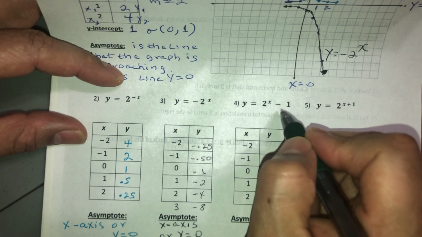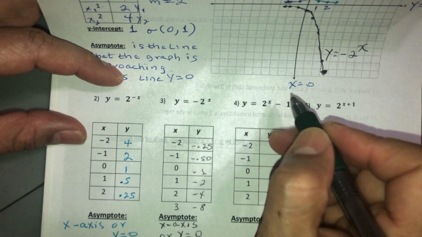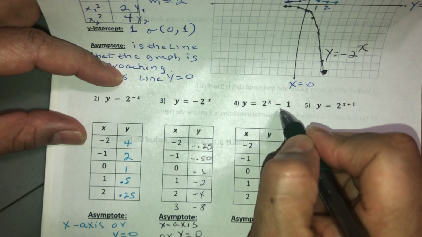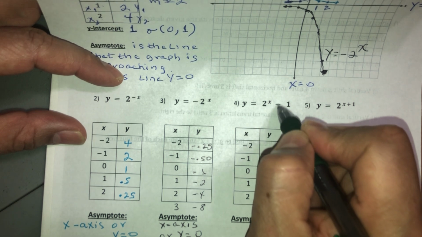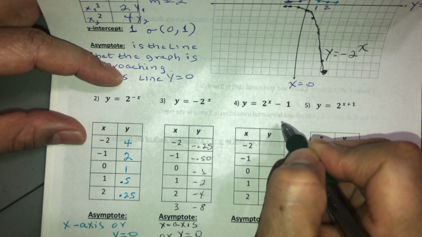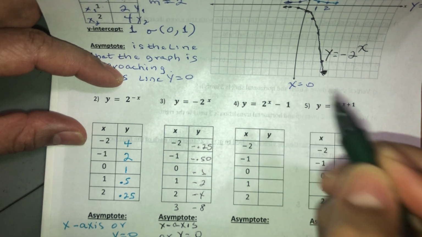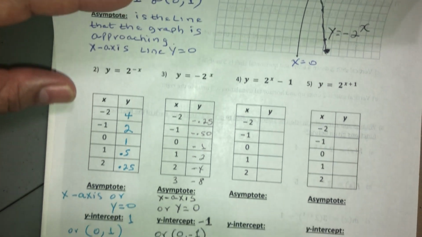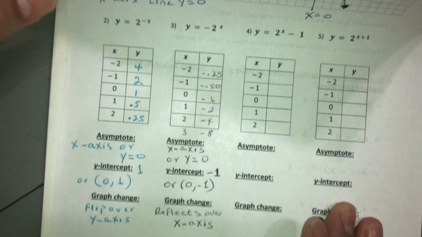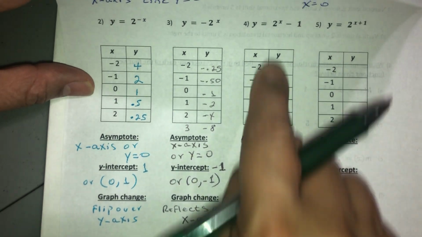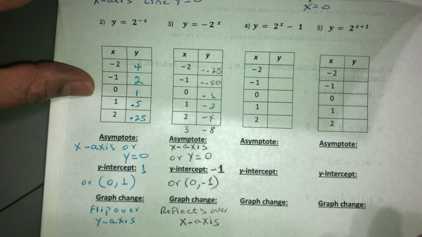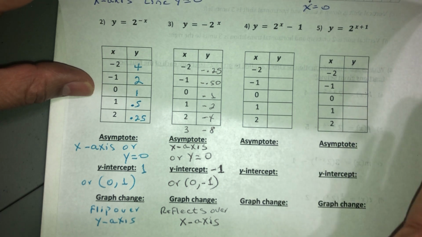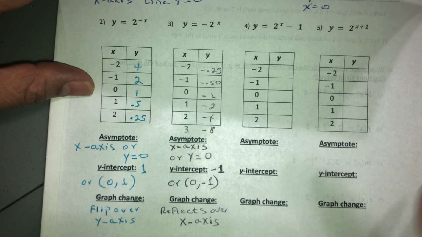So that means that this is going to bring the graph down 1 unit. If that would have been plus, it would move it up 1 unit. So I know already that that's going to be my graph change. I'm going to write it because I already know, based on the other lessons, the parabola, what's going to happen when we change the value of c, which is the constant. That means it either goes up or down.